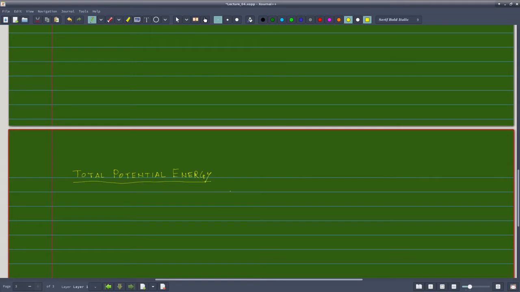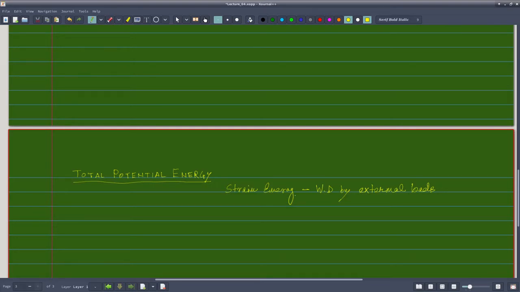So we define the total potential energy as the strain energy stored in the system, minus the work done by external loads, over the displacement field that the system is undergoing.